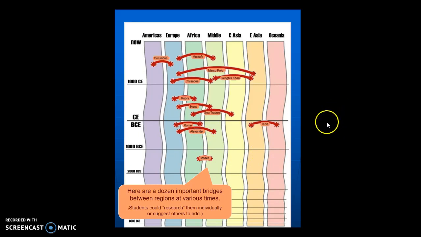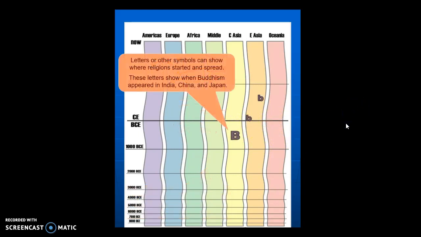So hypothetically, if I were to say, the rise of Oceania, where did it begin and when? Something to this effect. You can use it for religion, so the spread of religion. B for Buddhism, where did Buddhism start? A lot of people think Buddhism is synonymous with China. Siddhartha was actually Indian, and you can see the growth here in Central Asia, i.e. India.